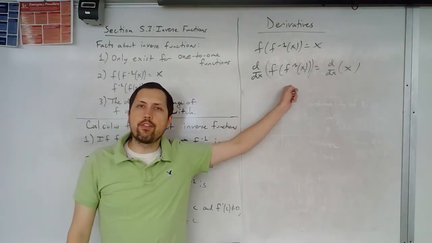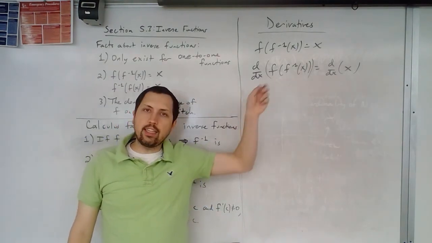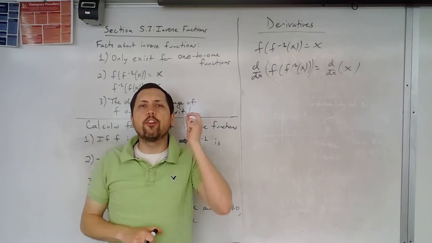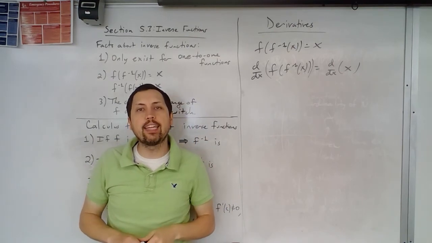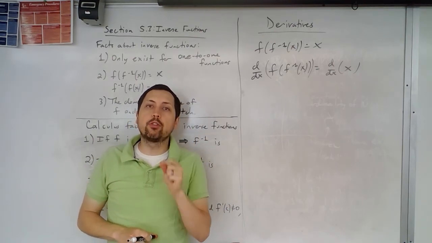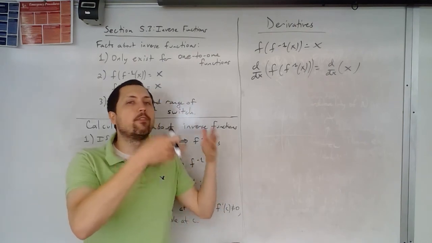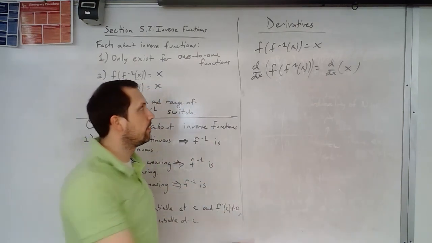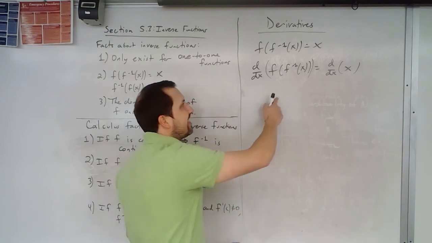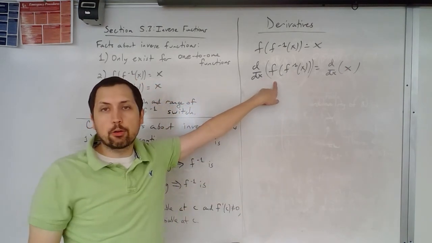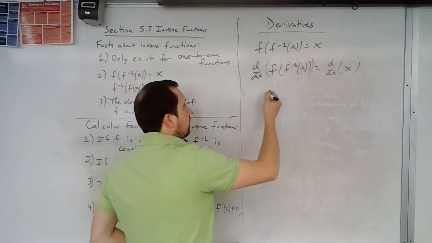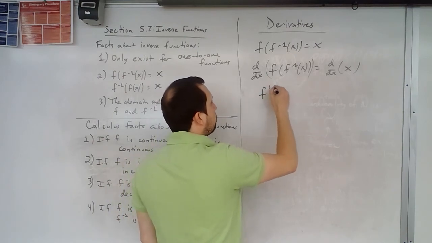Now I take the derivative of the left-hand side. When you see a composition of functions, the first rule that should come to mind is the chain rule. That's the rule for taking the derivative of a function inside other functions. The chain rule says I take the derivative of the outermost function first, so I take the derivative of f, which I'll call f prime.